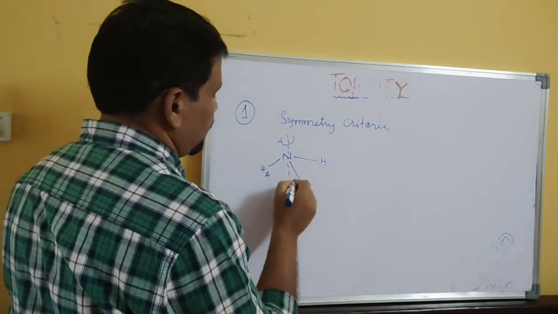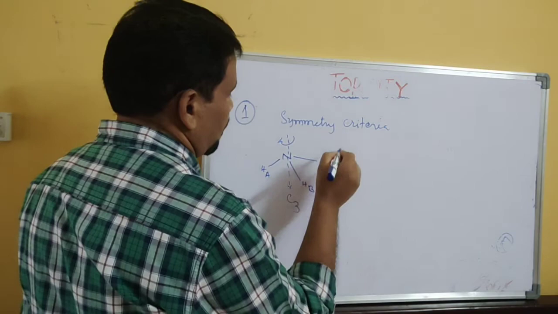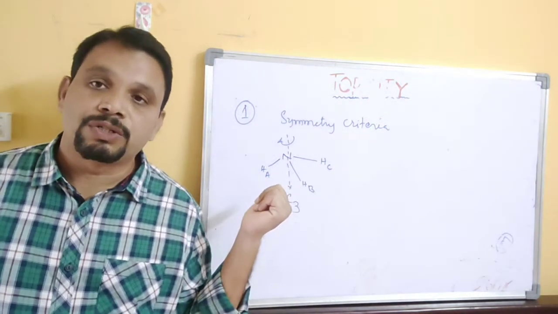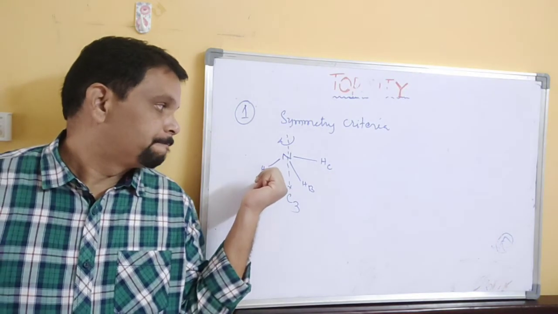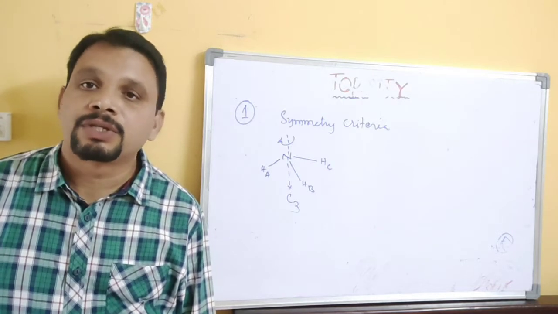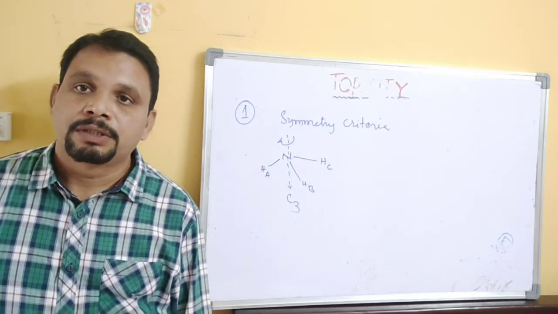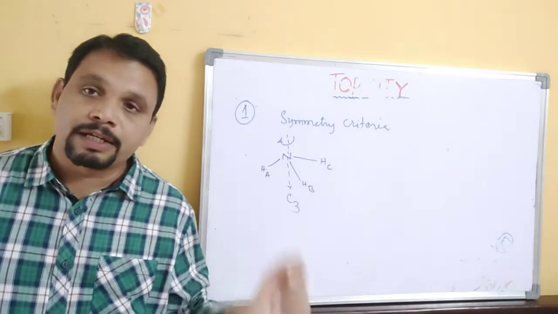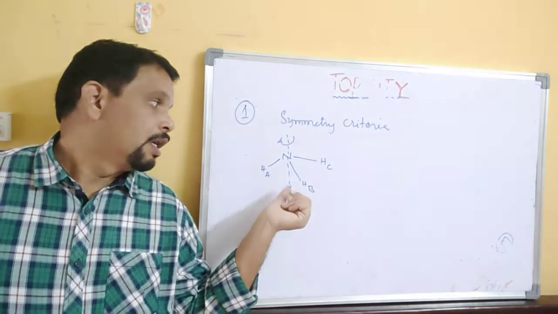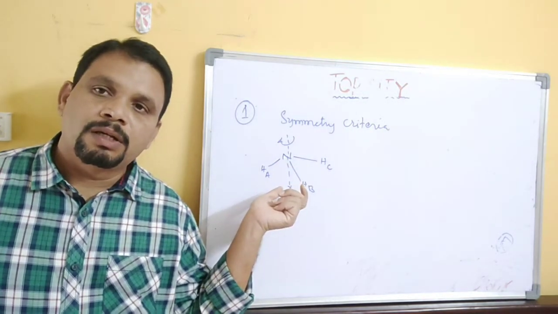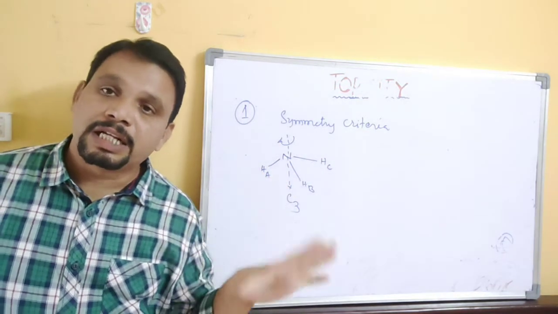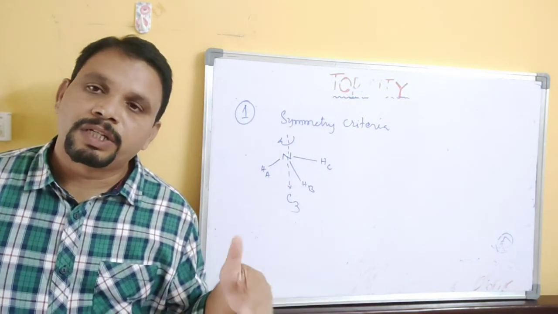These three hydrogens are interchangeable and interconvertible. Therefore, they can be considered as homotopic ligands, because of this C3 symmetry axis. If you rotate that molecule, they can be interchanged without any difference.